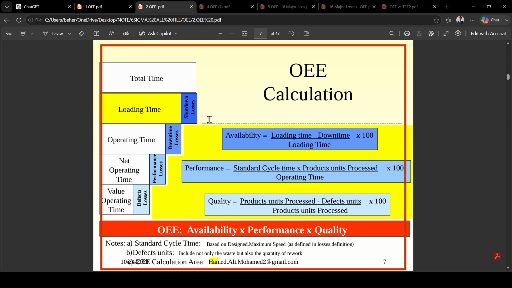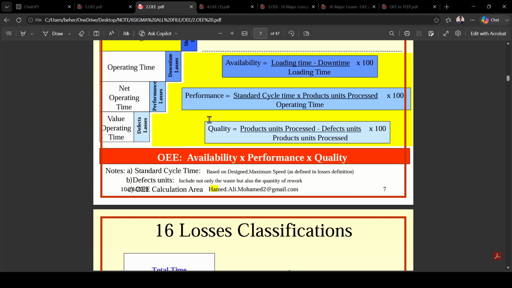So see that image, then you can clearly understand. Note: standard cycle time is based on the designated maximum speed as defined in the losses definition. Defect units are included only when the waste occurs in the quality rate. So the calculation areas are all mentioned. See that image.